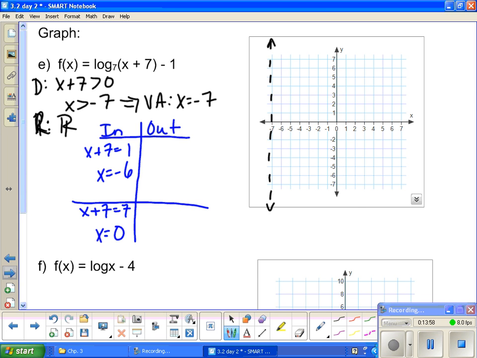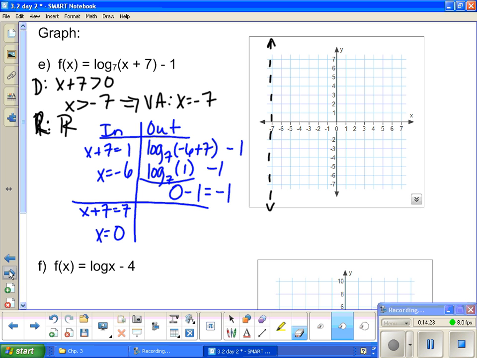And let's find my outputs then. Log base 7 of (negative 6 plus 7) minus 1. Log base 7 of 1 minus 1. Well, we know that this is our property, so that's 0 minus 1 equals negative 1. So my point is negative 6, negative 1. Let's try that again.